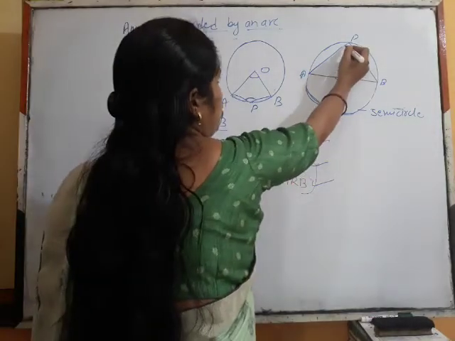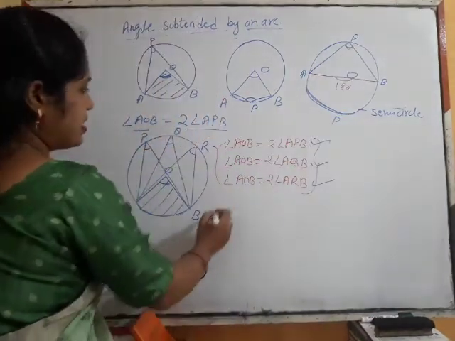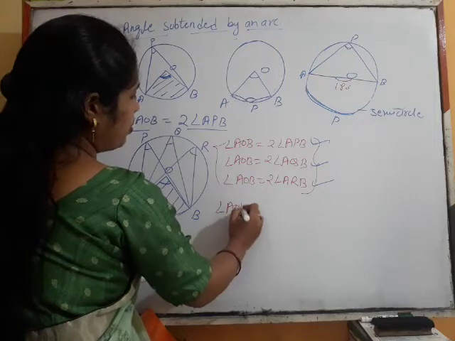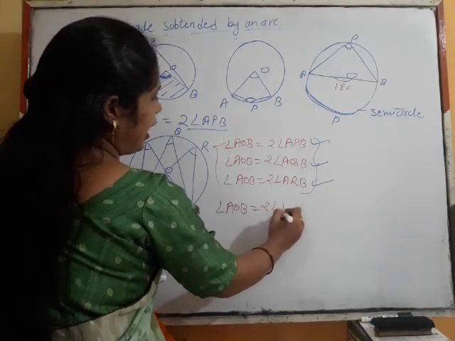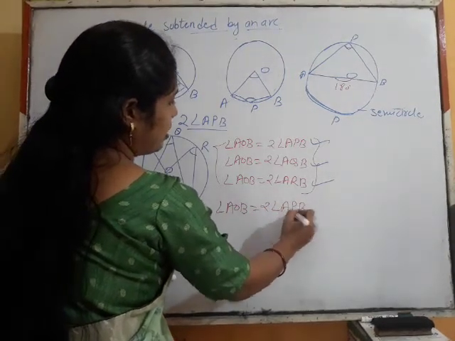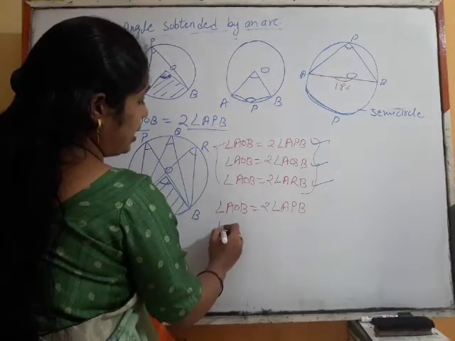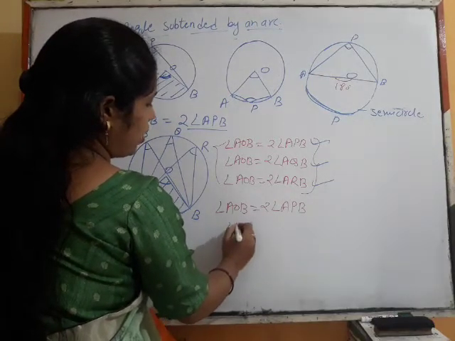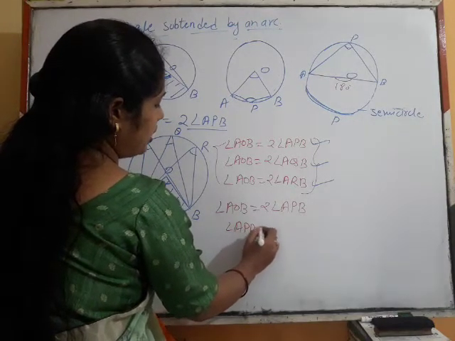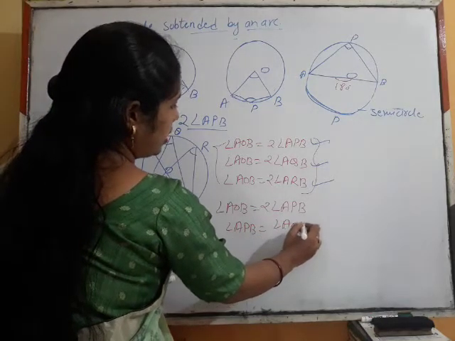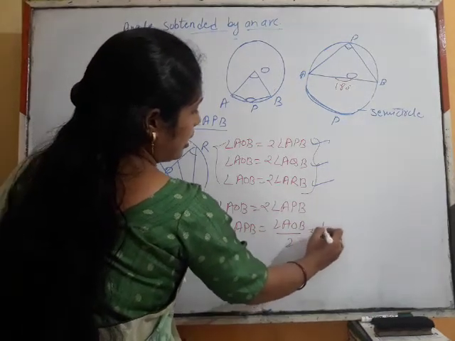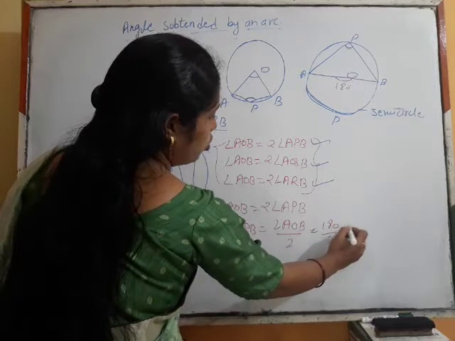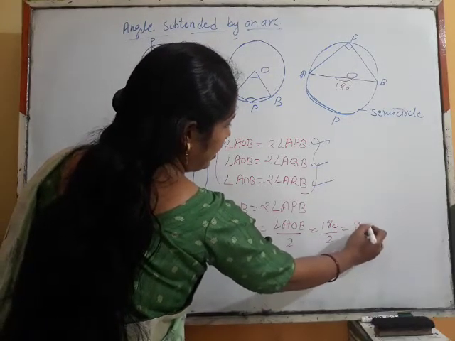So what will be the value of this angle? Since angle AOB is twice angle APB, and angle AOB is 180 degrees, angle APB is angle AOB upon 2, that is 180 upon 2, which is 90 degrees.